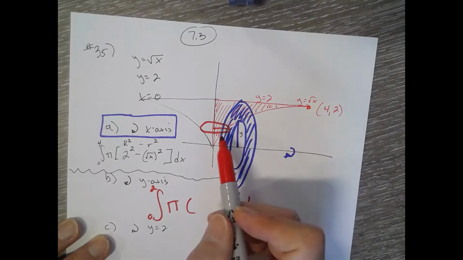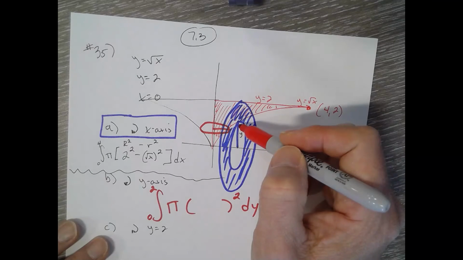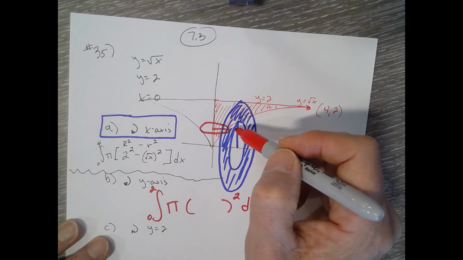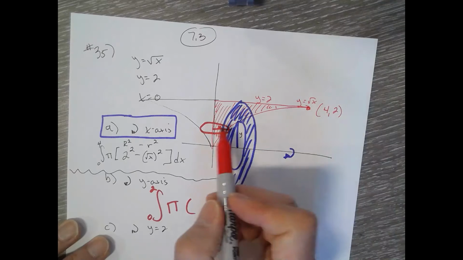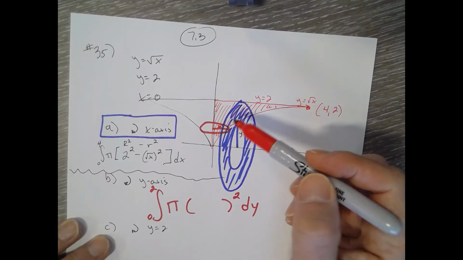Now, just like the distance from the x-axis up is always y, the distance from the y-axis out is always going to be x. This is x, this is x, those are all x. But x doesn't work in this problem.